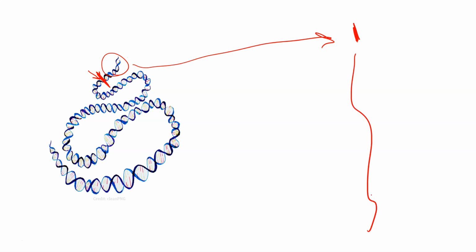For example, it might be that in my DNA there's a restriction site right here for a particular restriction enzyme. If it truly cut it right here, that would result in this little piece, so I'd have a little piece of DNA here, and then I'd have this really long piece like this.